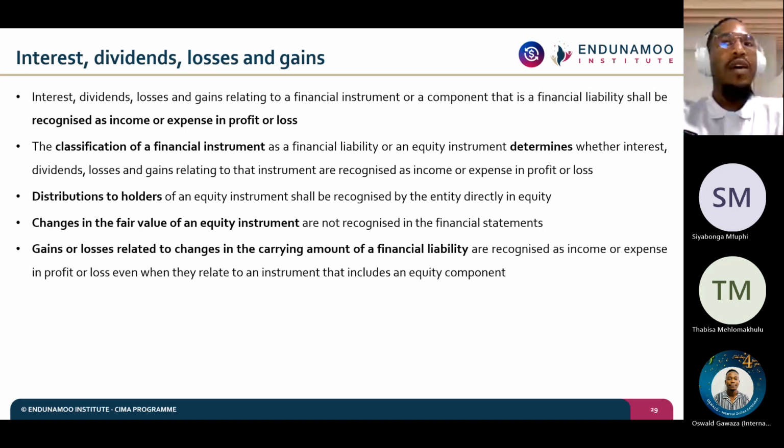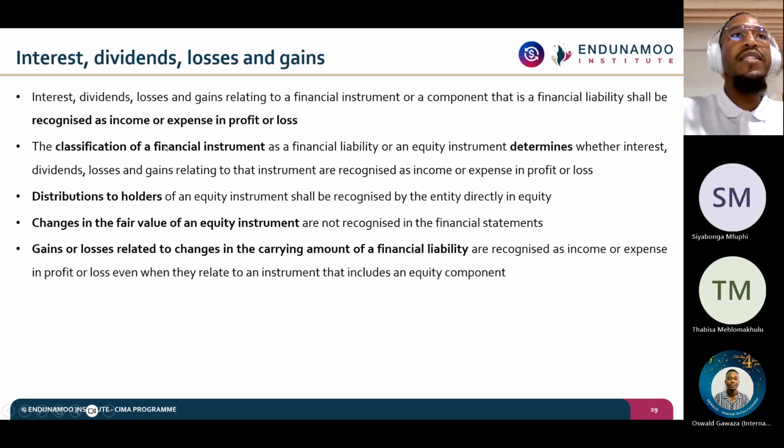We saw that just now where the financial liability attracts interest. The interest goes to the statement of profit or loss. We basically just followed this instruction from the standard. Any dividends that are paid from a financial liability will go through profit or loss. Any losses or gains when we derecognize or remeasure a financial liability will have to go through profit or loss.